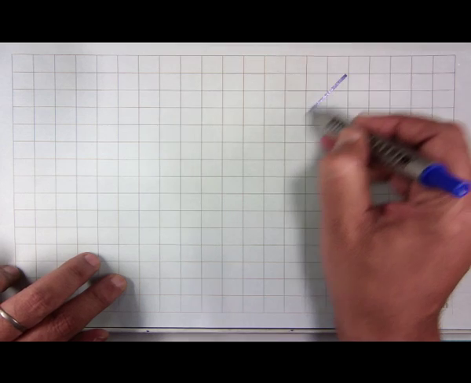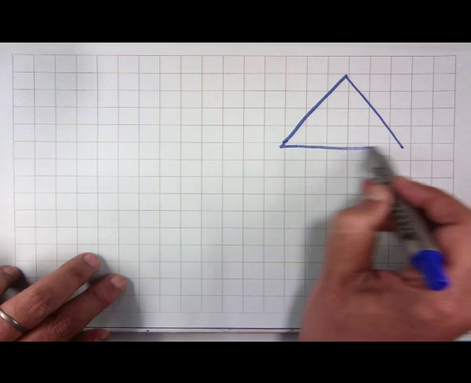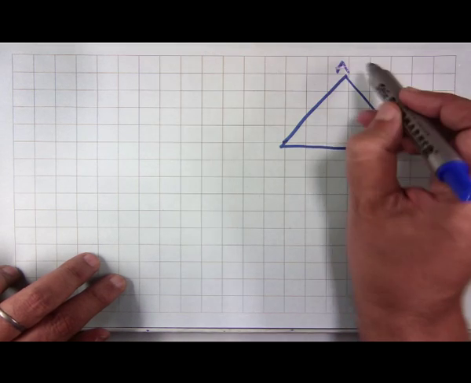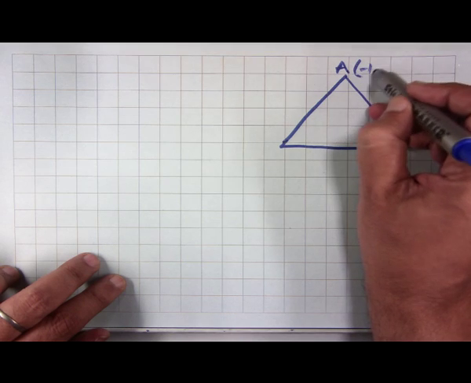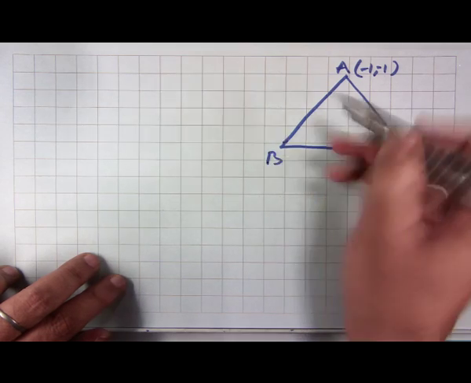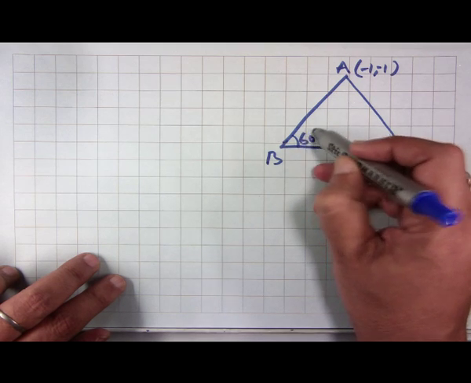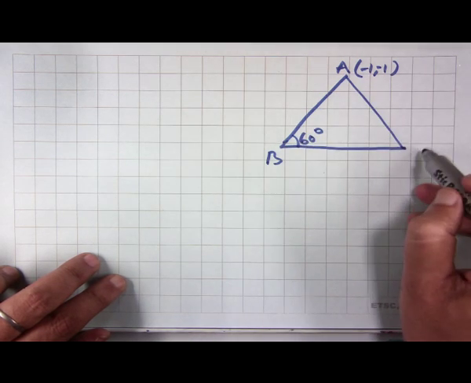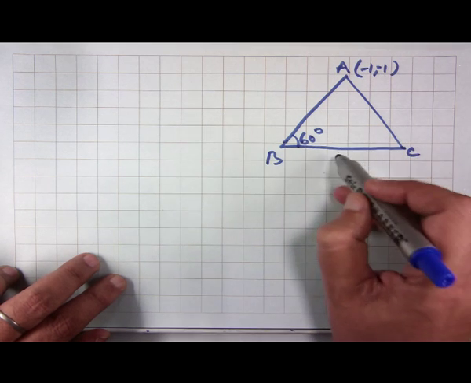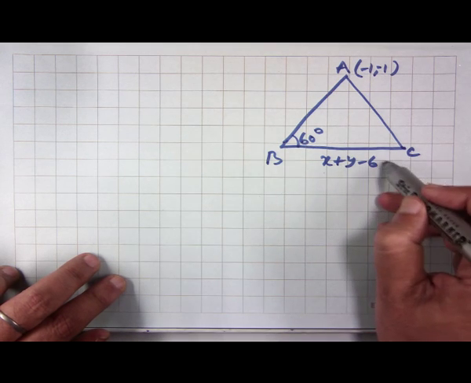So we have given in this triangle ABC, A is equal to (-1, -1), and since this triangle ABC is an equilateral triangle, this is 60 degrees, and the equation of BC is given, x plus y minus 6 equal to 0.